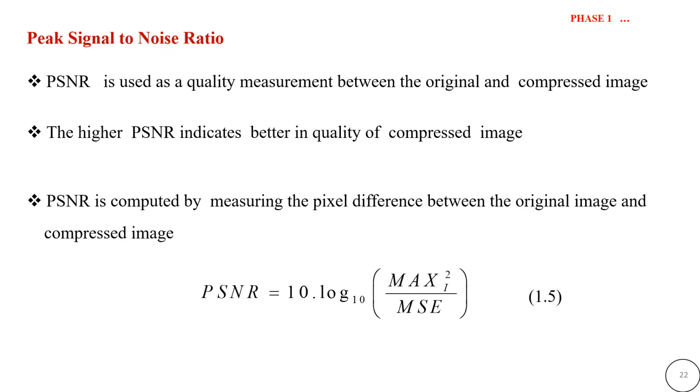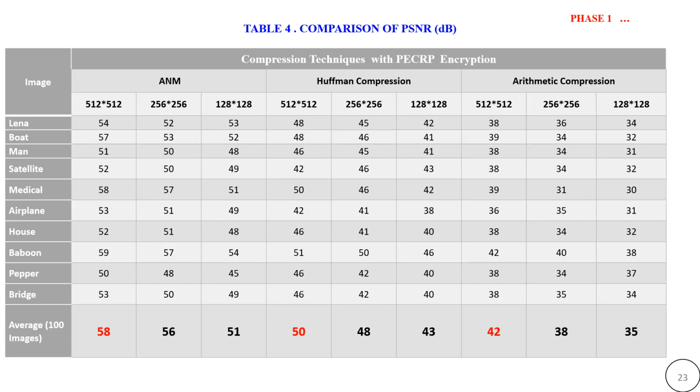PSNR is infinity for lossless compression. From the table results, it is observed that ANM gives a high PSNR value, compared with Huffman compression and arithmetic compression.